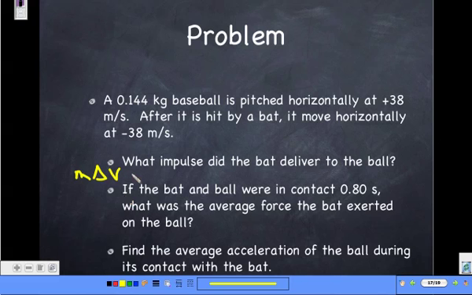So we have 0.144 kilograms. What's our change in velocity? We're going to use final minus initial, so we have negative 38 minus 38. Negative 76.